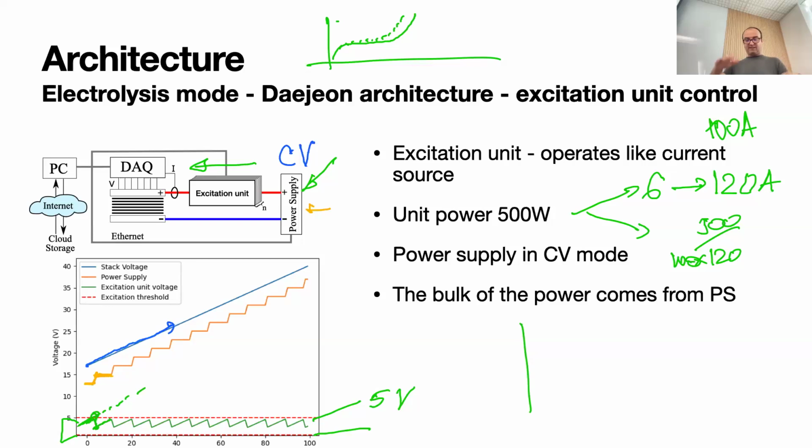This effect, this juggling up and down of voltages, is not seen by the electrolyzer unit because of the high bandwidth of the power supply and of the excitation unit. They react so quickly that they balance out the circuit before the electrolysis unit even realizes that they've changed voltages.